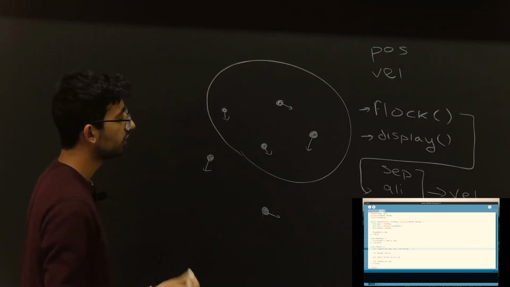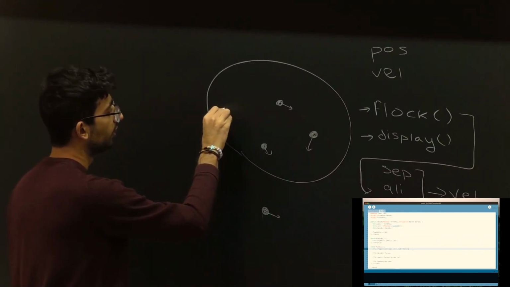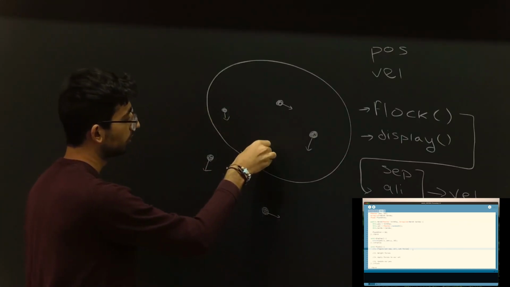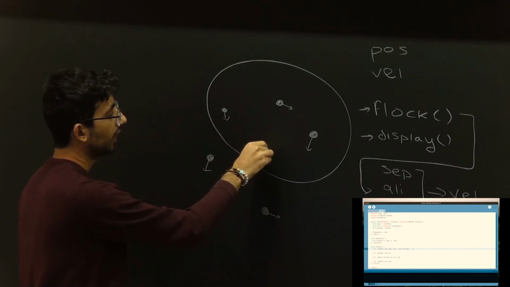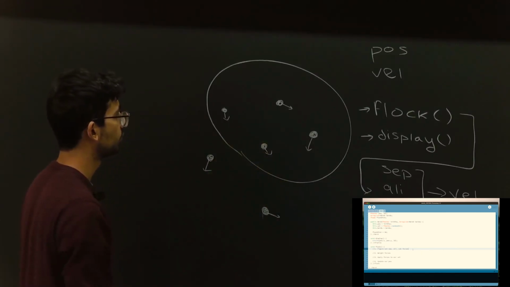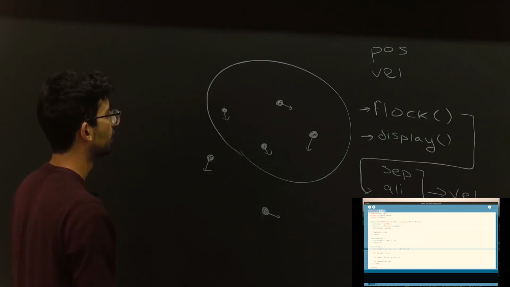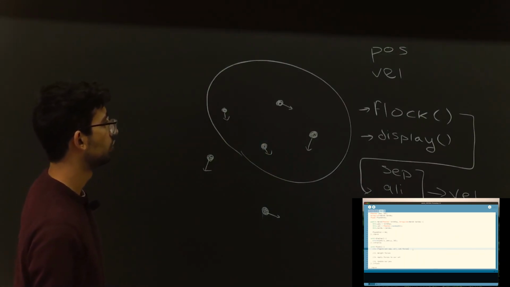And so I want to calculate the difference of the vectors of their position and our position, and that will give us a force pointing in the opposite direction of where they are. And so that's going to be useful to us.